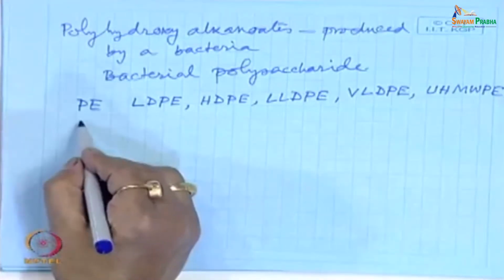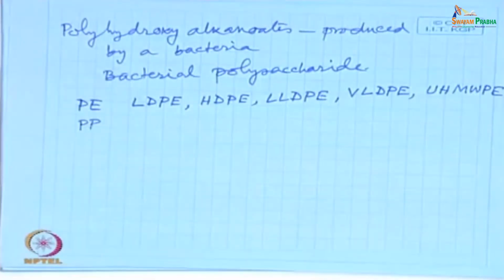Next comes polypropylene. You know the formula of polyethylene, you know the formula of polypropylene. How are they synthesized? They are synthesized from ethylene for polyethylene and propylene for polypropylene by applying sufficient polymerization conditions in presence of catalyst and temperature.